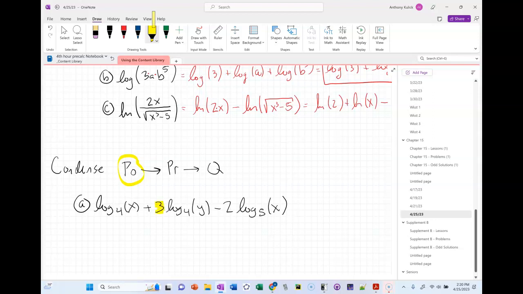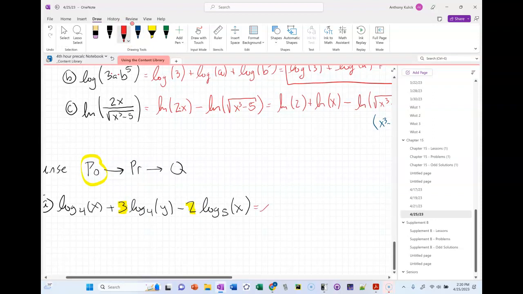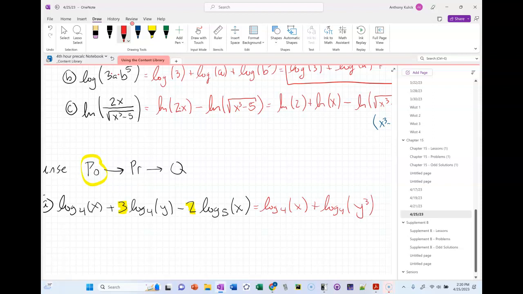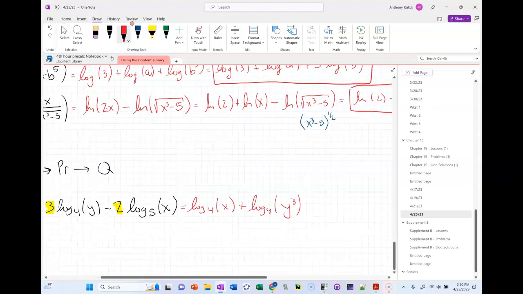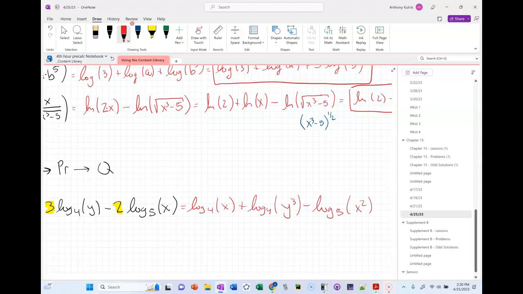So we should see 2 power properties. So that first logarithm just stays the same. The second logarithm, that coefficient of 3 becomes an exponent of 3. And on the third logarithm, that coefficient of 2 becomes an exponent of 2.